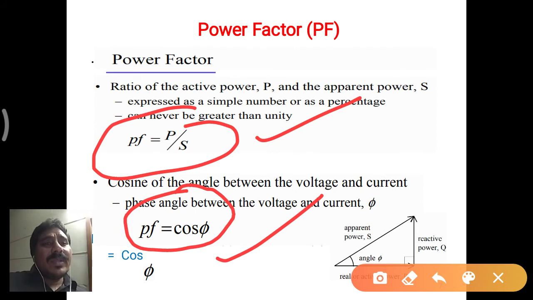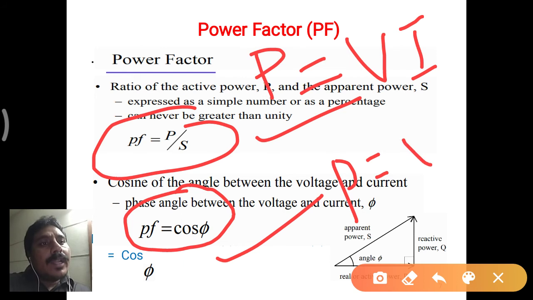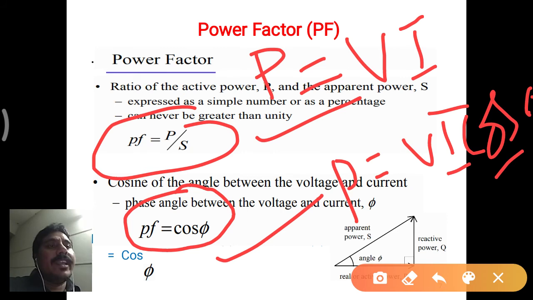Already we know that in DC, power is equal to voltage into current. In AC, power is equal to voltage into current into cos theta. If cos theta is unity, the power is very high.